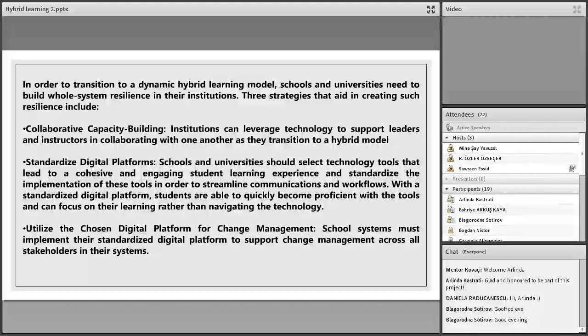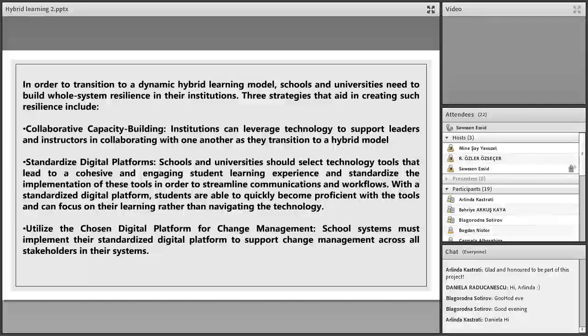That means that institutions can leverage technology to support leaders and instructors in collaborating with one another as they transition to a hybrid model. The second strategy is to standardize digital platforms. That means that schools and universities should select the technology tools that lead to cohesive and engaging student learning.